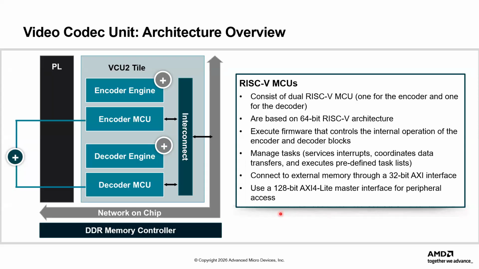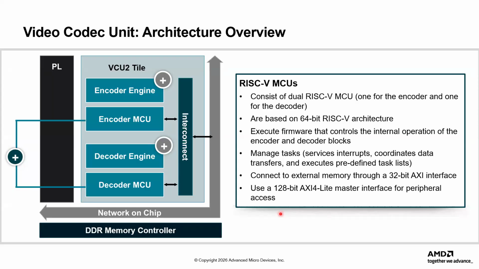Those controllers, again, are RISC-V based. So they are a set of dual, one for the encoder, one for the decoder. It's a 64-bit version of that architecture, and it's responsible for all the operational management and control. So you've got firmware that controls the internal operation. That's all that is running on these RISC-V processors.